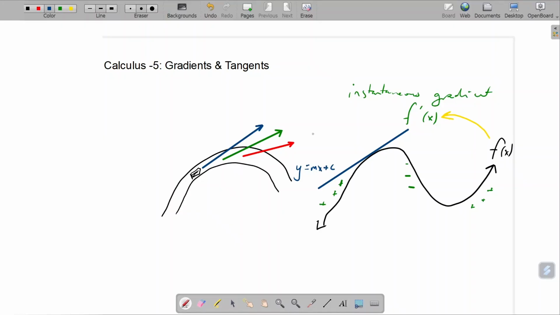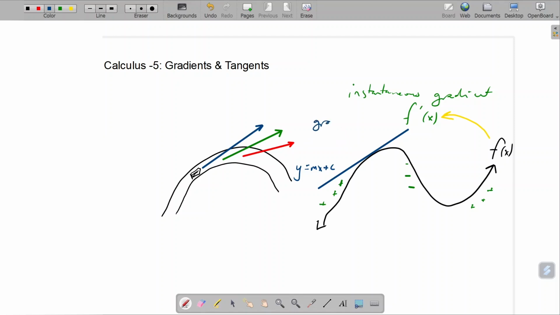Well, we've discussed the problem that we had with this word gradient before, because we used to mean average gradient, and we use it so comfortably with straight lines because the m value was our average gradient, because on a straight line, the gradient is unchanging, it never changes, it's constant, and the gradient of this line is m.